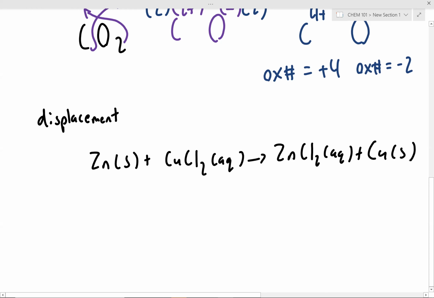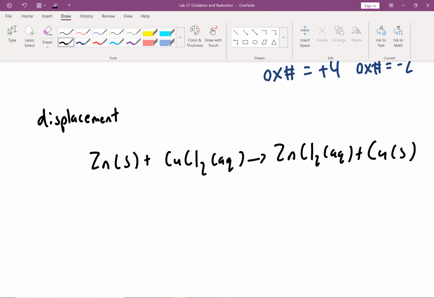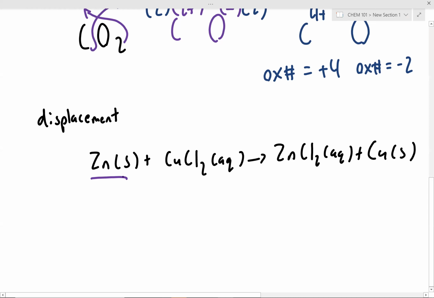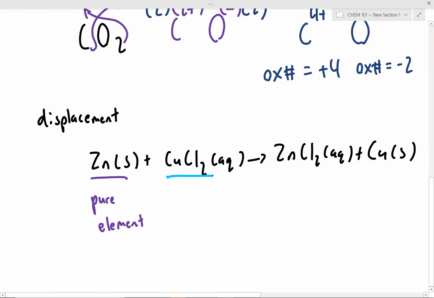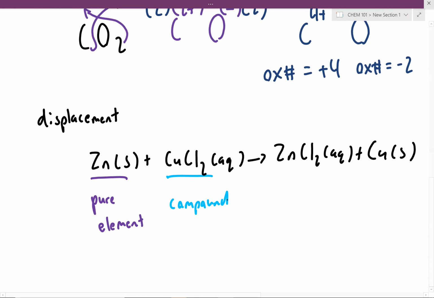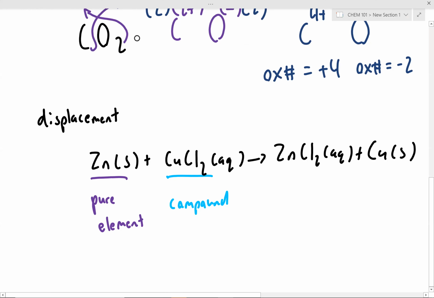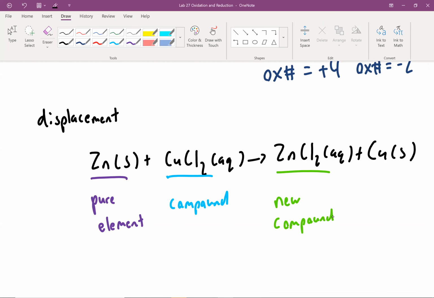So in a displacement reaction, we have on our left-hand side a pure element, our pure element zinc, okay? And this pure element zinc is reacting with a compound, and out of this chemical reaction, we get a new compound. And in addition, what do we call copper?